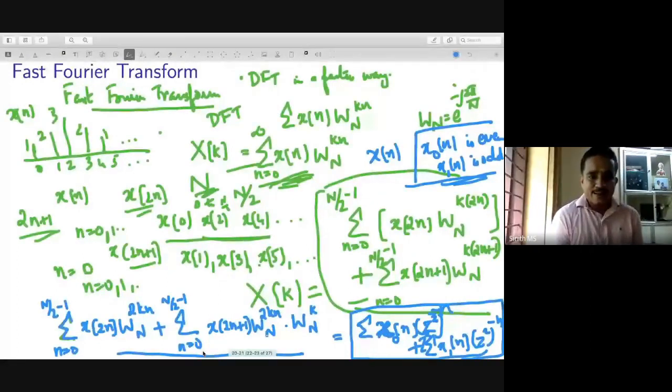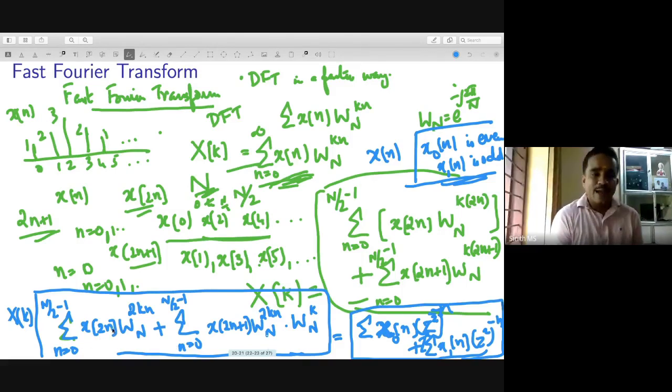And okay, from this, what do you understand? You first consider this, find the capital X(k). What you're doing is splitting your signal into odd and even terms, and then finding the N/2 point DFT.